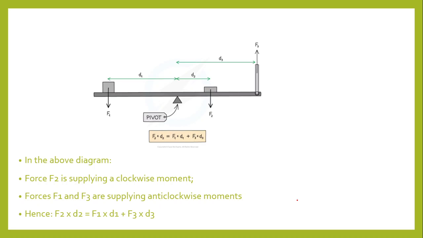So F2 multiplied by D2 is equal to F1 multiplied by D1 plus F3 multiplied by D3. So that's basically me equating the clockwise and anti-clockwise moments together.